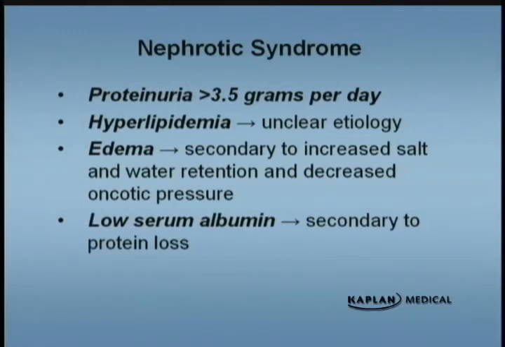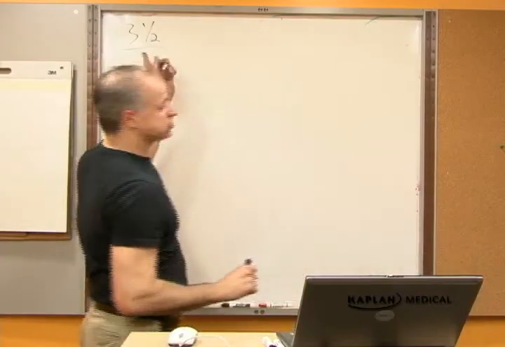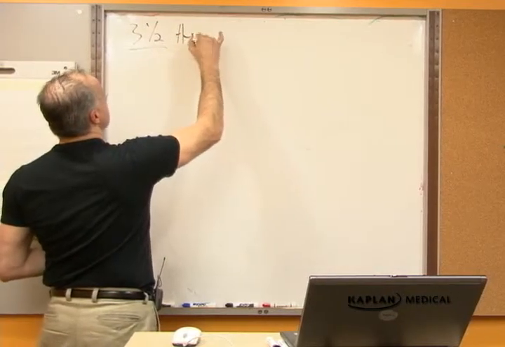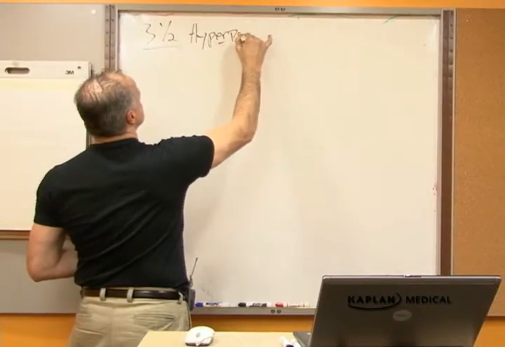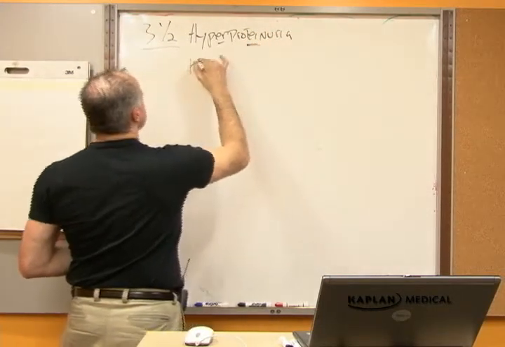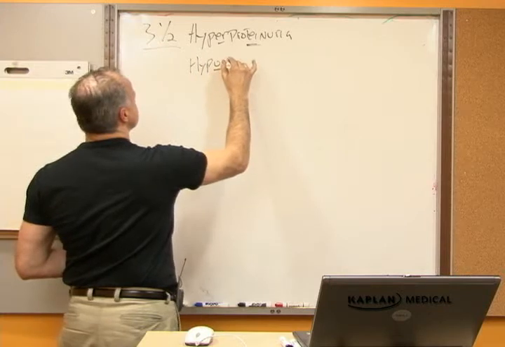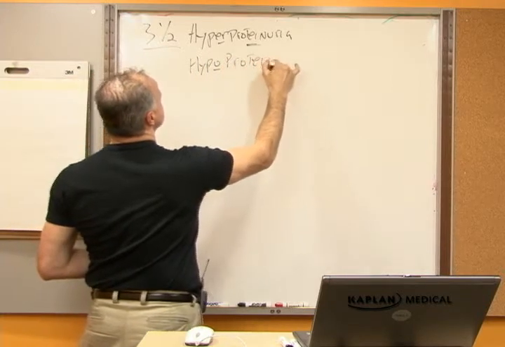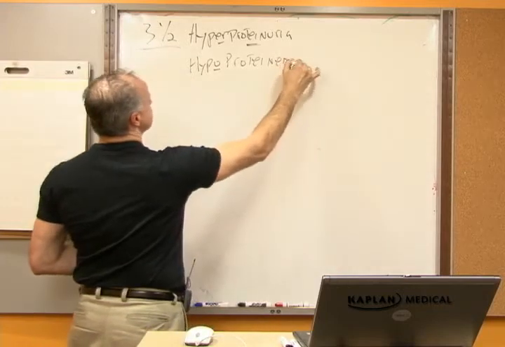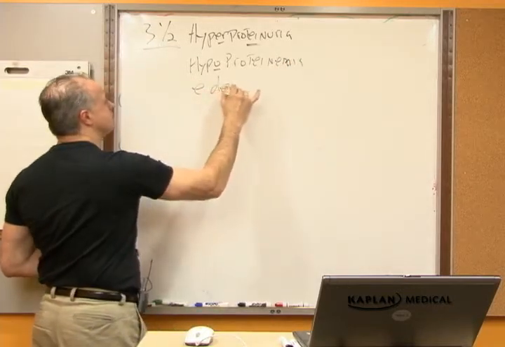But when it gets to 3.5 grams of protein a day, your liver cannot make more, and the level inside the bloodstream starts to come down. So when you get hyperproteinuria, you get hypoproteinemia, and then you get edema.